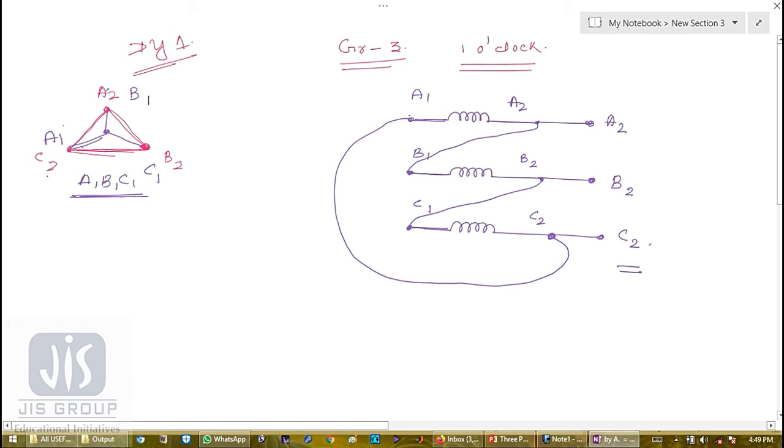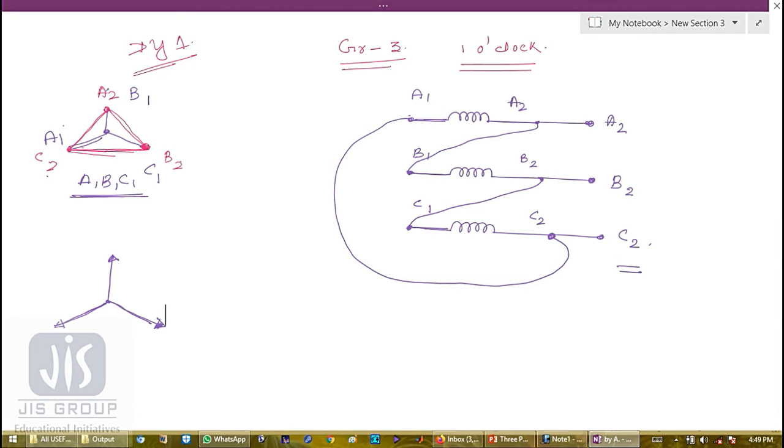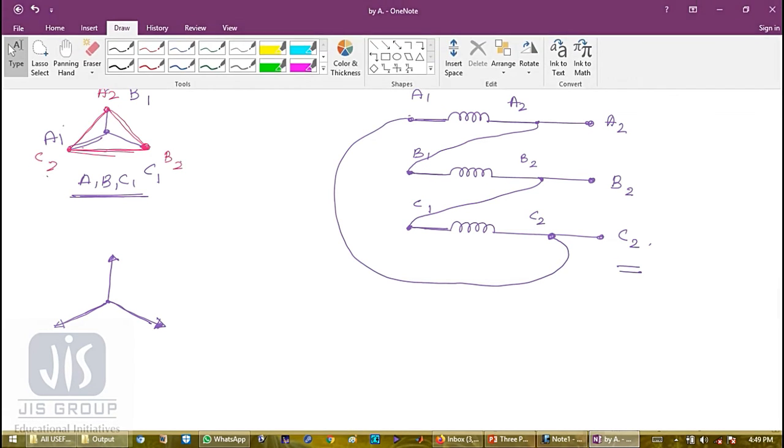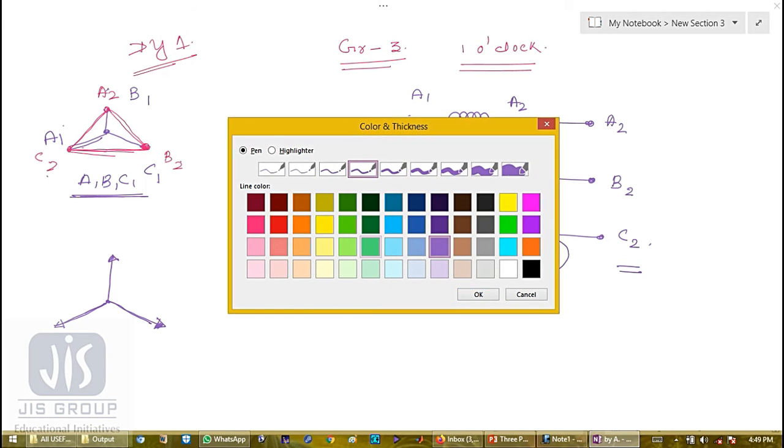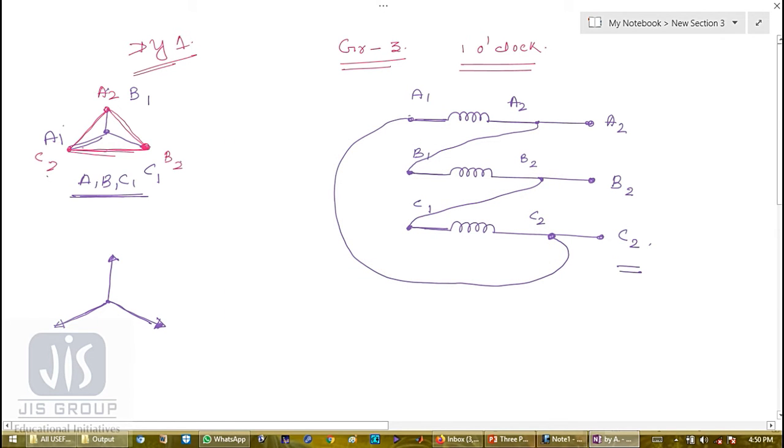The delta connected equivalent star is this, so let me draw the star connection first. This is my primary side delta equivalent star connection. Color combination will give you a better idea, that's why I'm doing this.